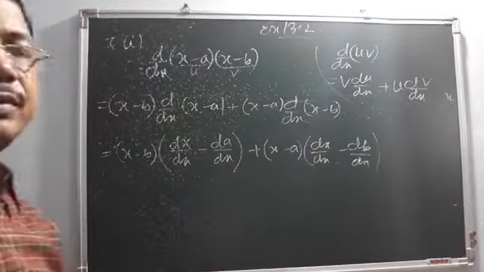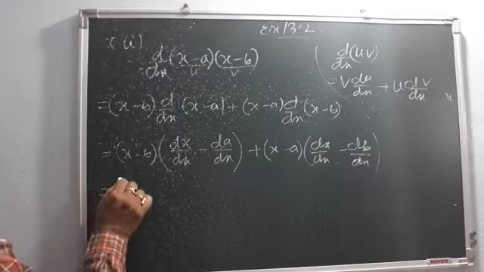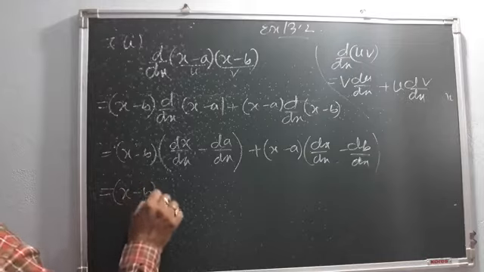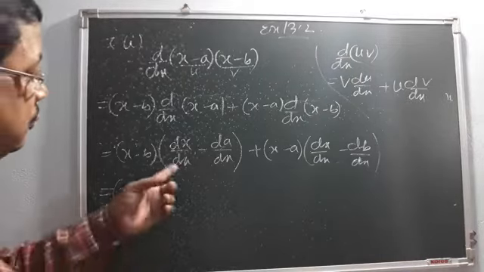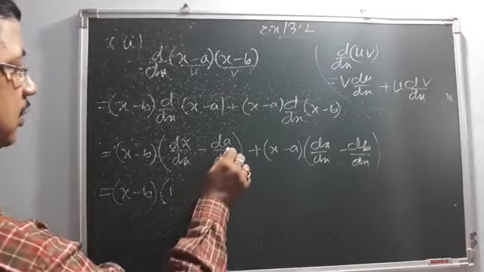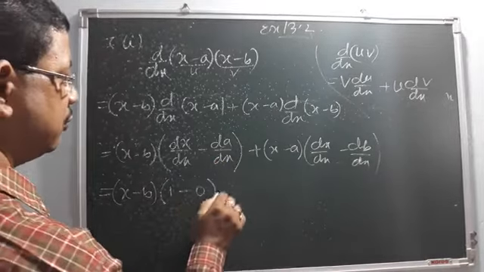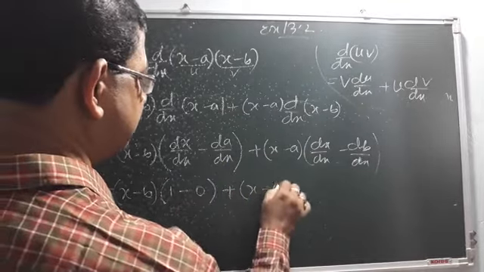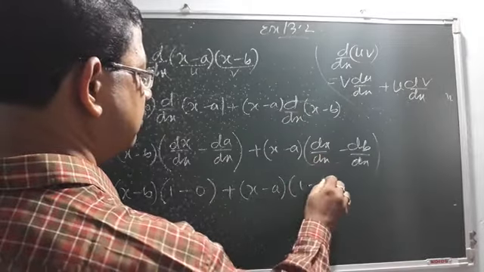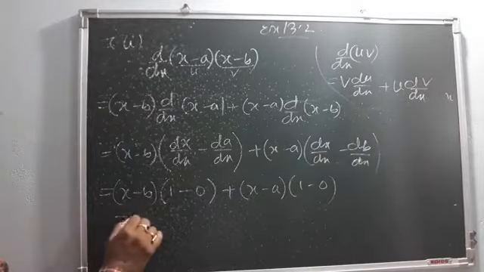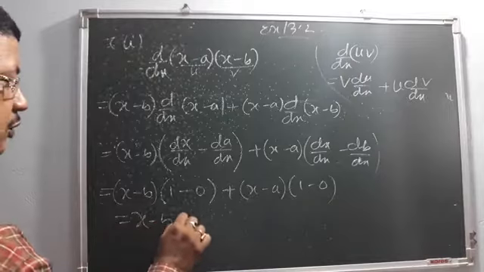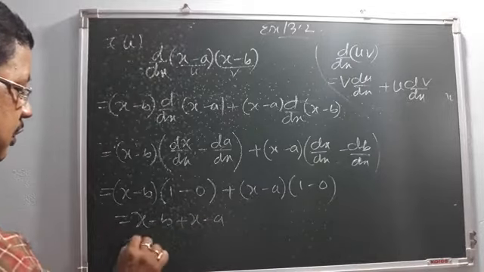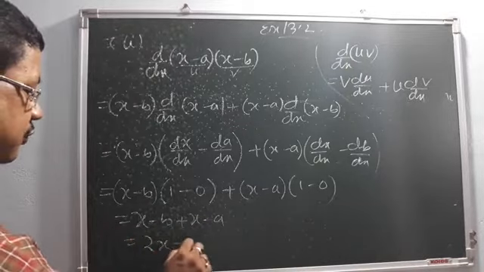Now x minus b: differentiation of x with respect to x is 1, and this is the constant, it is 0. x minus a: this is also 1 minus 0. Now if you withdraw this bracket, x minus b plus x minus a, ultimately we get 2x minus a minus b.